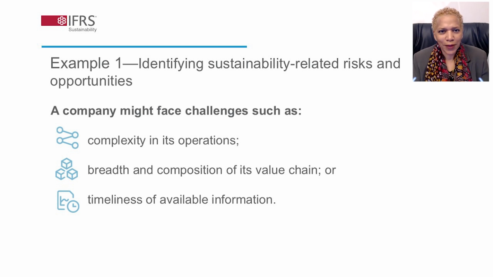Using the proportionality mechanism of reasonable and supportable information without undue cost or effort provides parameters to help the company identify the type of information to consider in order to comply with requirements associated with identifying its sustainability-related risks and opportunities that could reasonably be expected to affect its prospects.